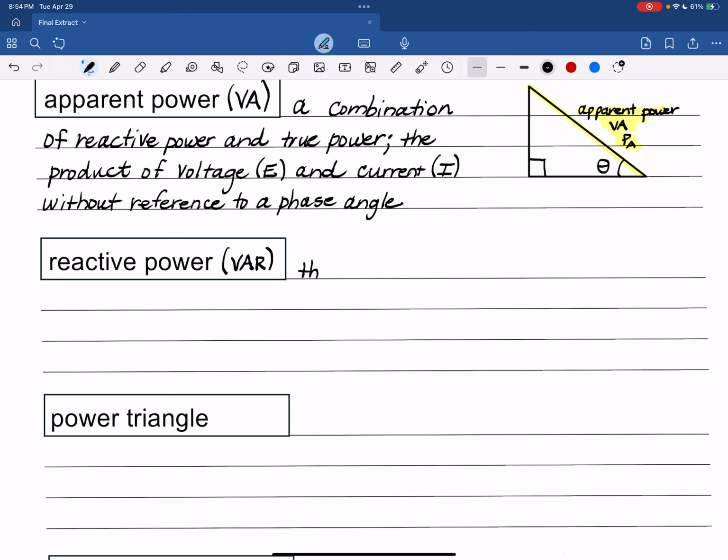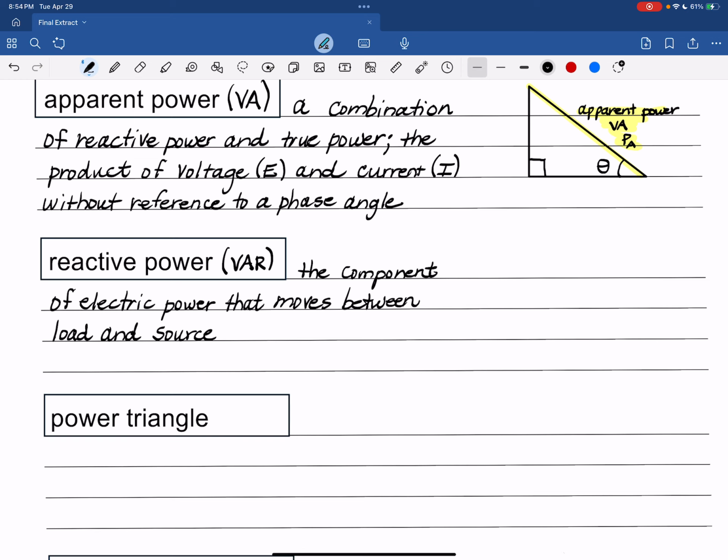It is the component of electric power that moves between load and source without performing work.